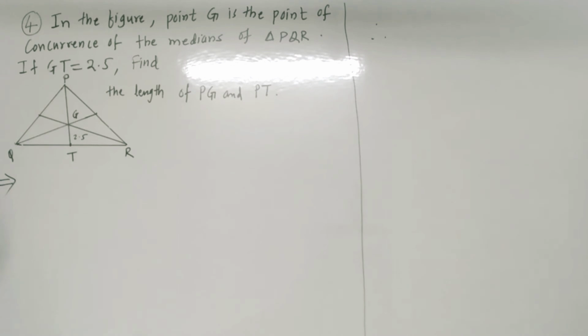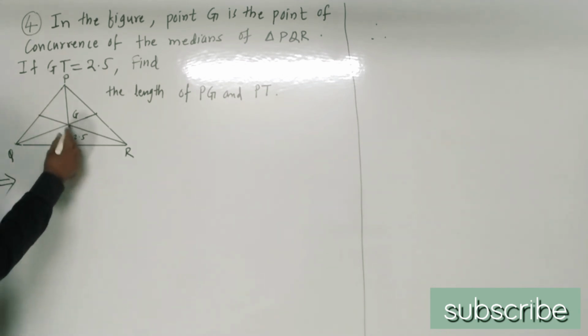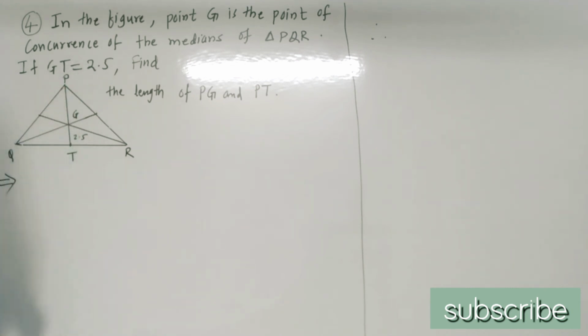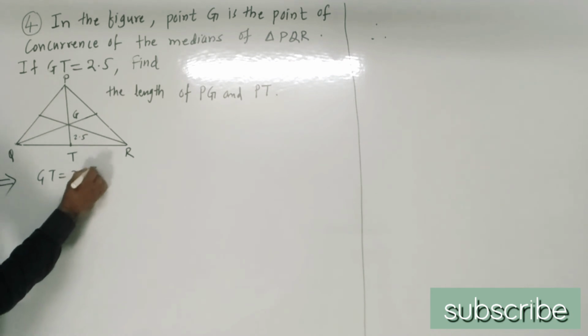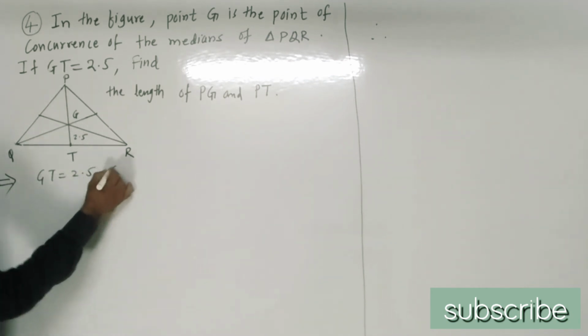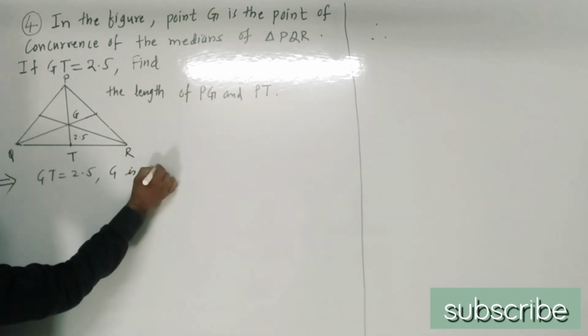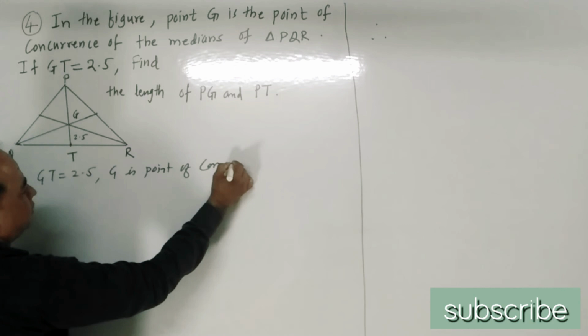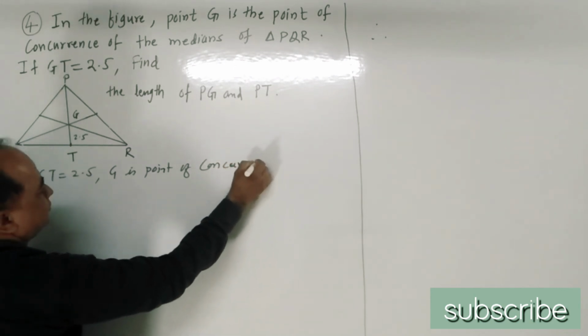Fourth example: in the given figure, point G is the point of concurrence of the medians of triangle PQR. If GT is equal to 2.5, find length PG and length PT. Now, here GT is given as 2.5 and G is the point of concurrence.